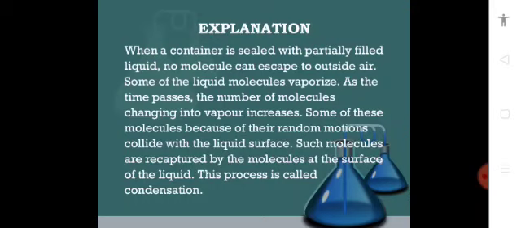When a container is sealed with partially filled liquid, no molecules can escape to the outside air. We will take a container and fill it with the liquid, and above the liquid there is empty space, and then the container is sealed.